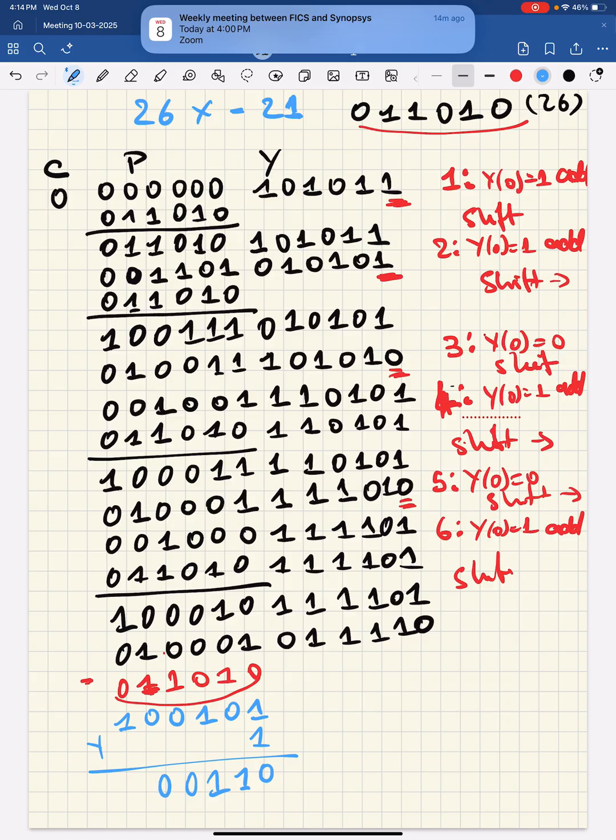So we'll add it to the partial sum. Let's clean up a little bit. So we'll do plus 1, 0, 0, 1, 1, and then 0. So we'll do this operation here in order to correct our result.